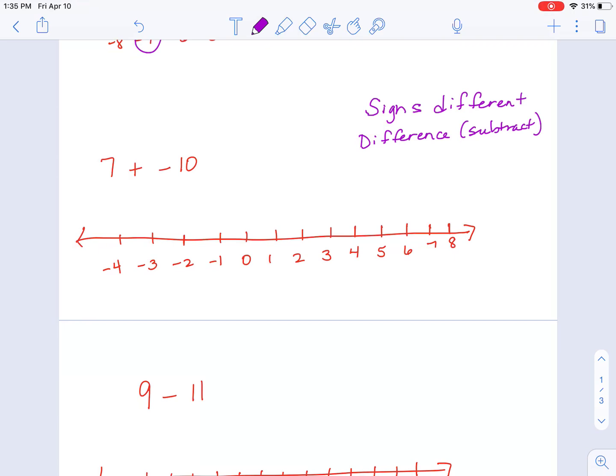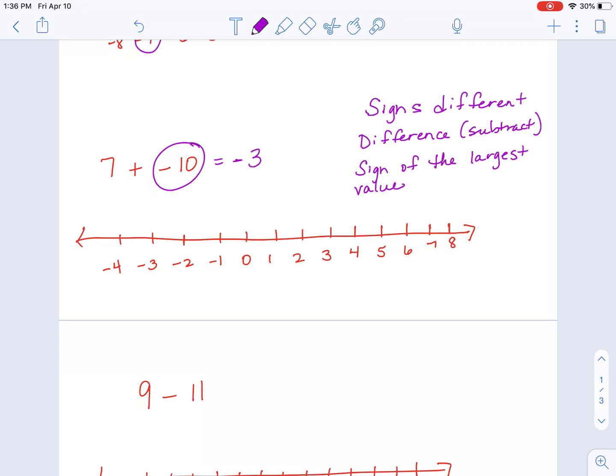And the difference of 10 minus 7, and you can flop them around on this occasion, is 3. And then remember, you take the sign of the largest base value or absolute value. So that would be this. And since that's a negative, my answer is going to be negative.